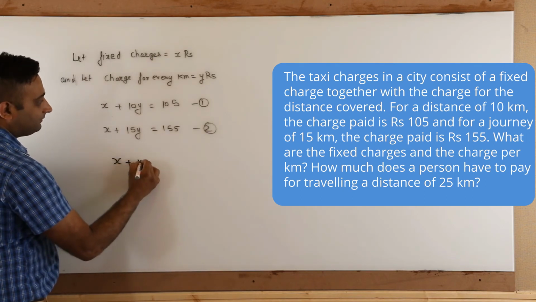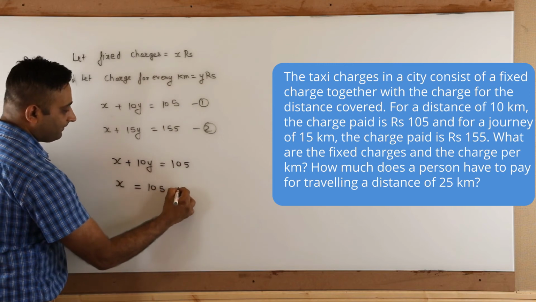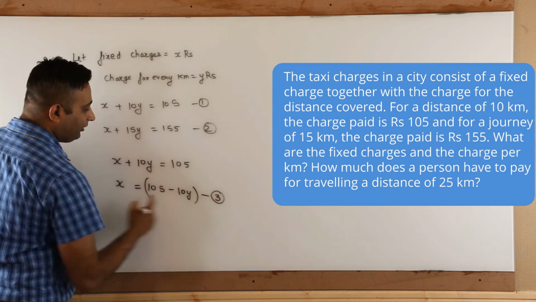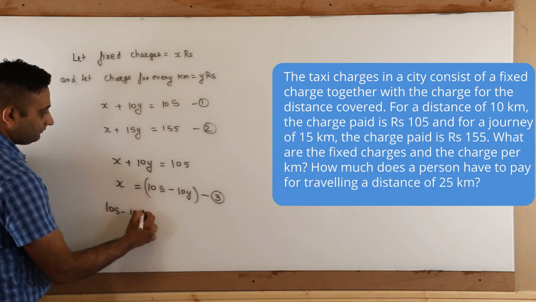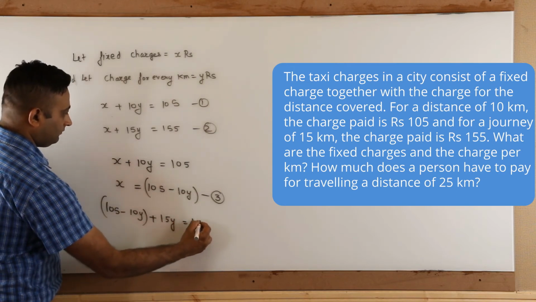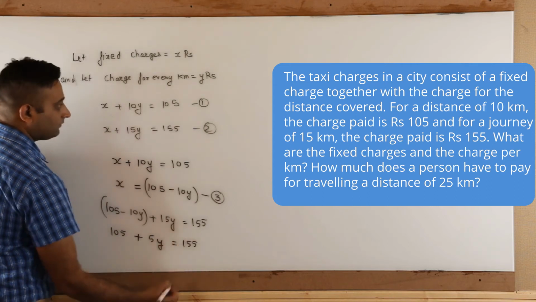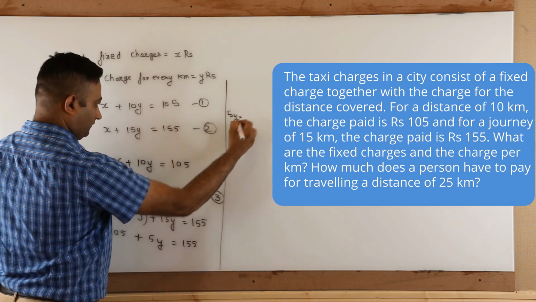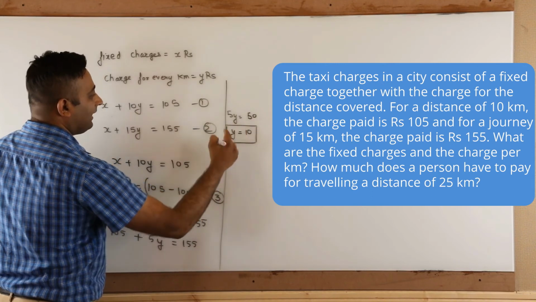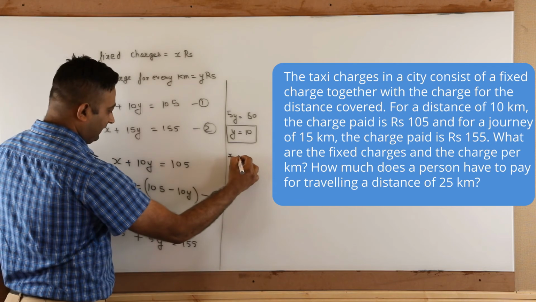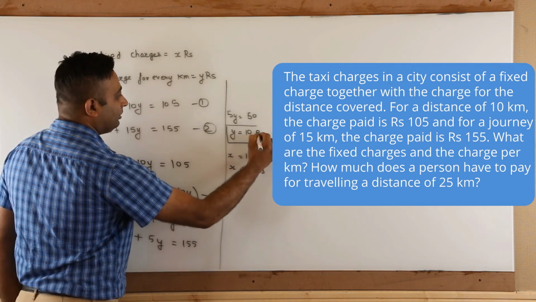We will rewrite equation number 1, that is x plus 10y is equal to 105, and we will find x in terms of y and substitute the value of x found in equation number 3 in equation number 2. y is equal to 10, and after substituting the value of y in equation number 3, we will get the value of x, that is x is equal to 5 rupees and y is equal to 10 rupees.